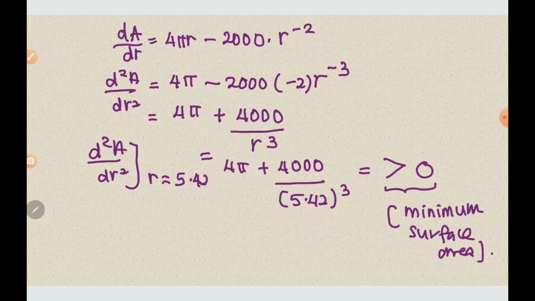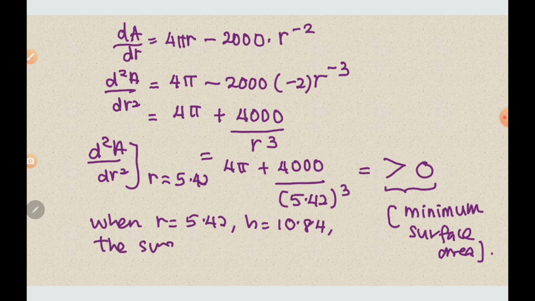Okay, so now the second derivative here will support the result that you got before, that is when r equals 5.42 and h equals 10.84, then the surface area is minimum, because we managed to get d squared A/dr squared more than 0 here.